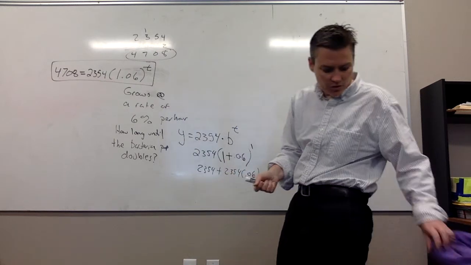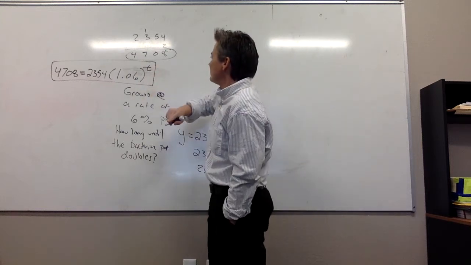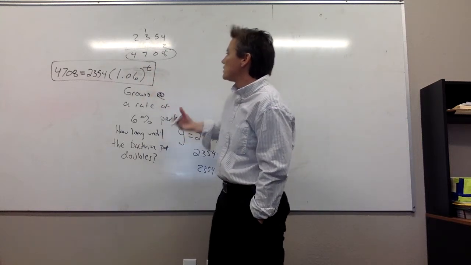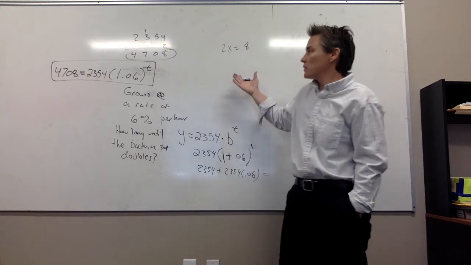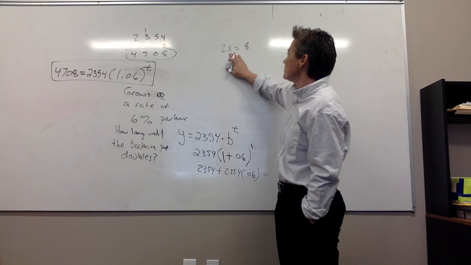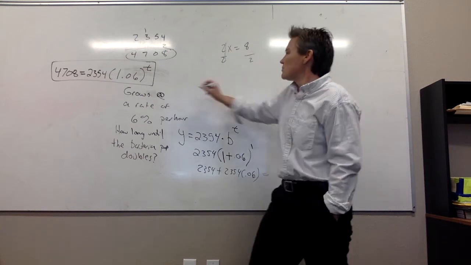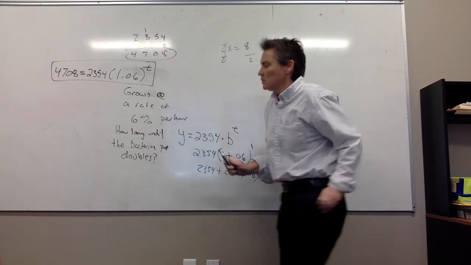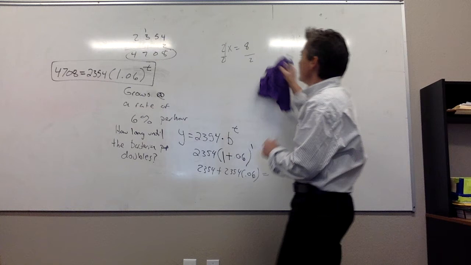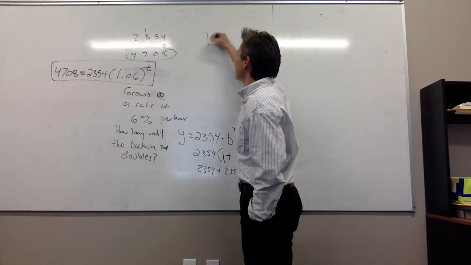We are going to use our properties of logarithms to help us solve this. Traditionally, when we solve linear equations like 2x equals 8, it's fairly straightforward. We either divide or multiply to isolate our variable. But it's a little more complicated when our variable is in the exponent position. And that's why logarithms are so awesome. So let's review our log power property real quick.